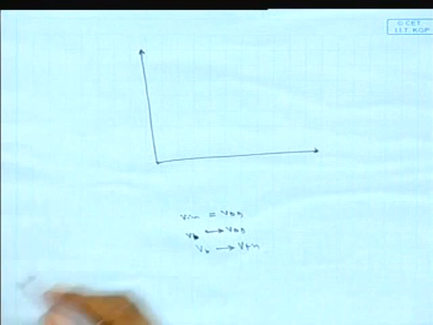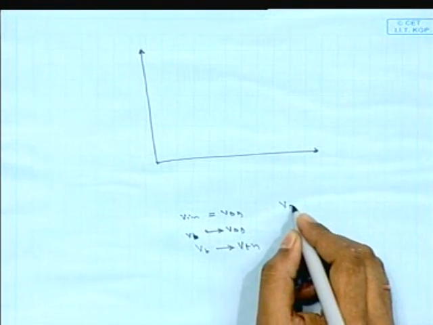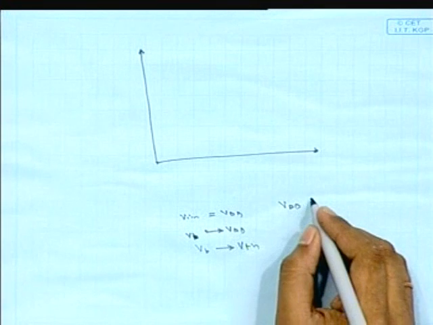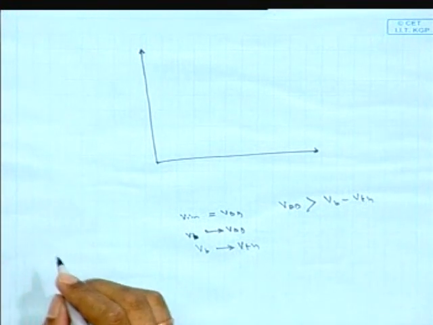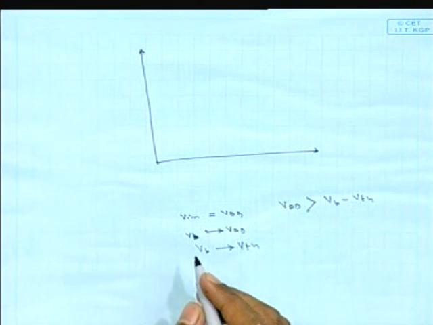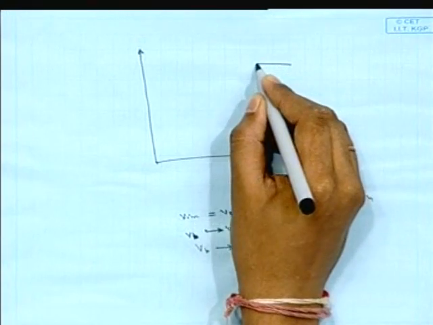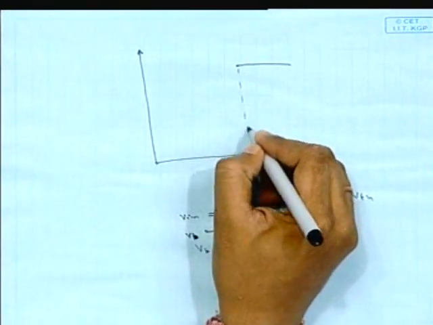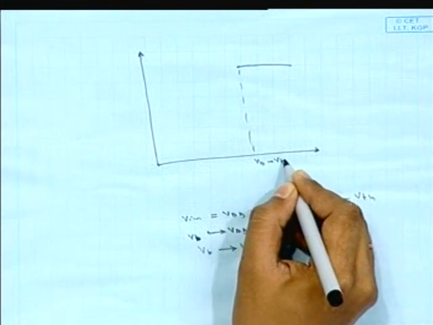Whenever the input voltage is very high, for a given VB, this MOS transistor may not be on. That is, whenever Vin is greater than VB minus VTH, the MOS transistor will not be on. So the output will be connected directly to VDD as long as Vin is greater than VB minus VTH.